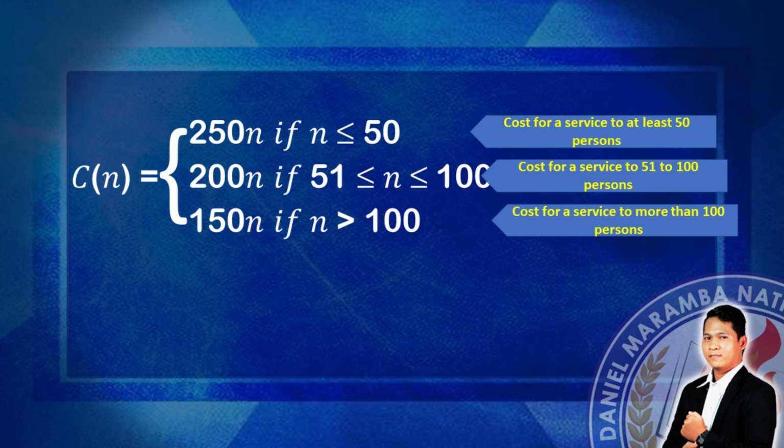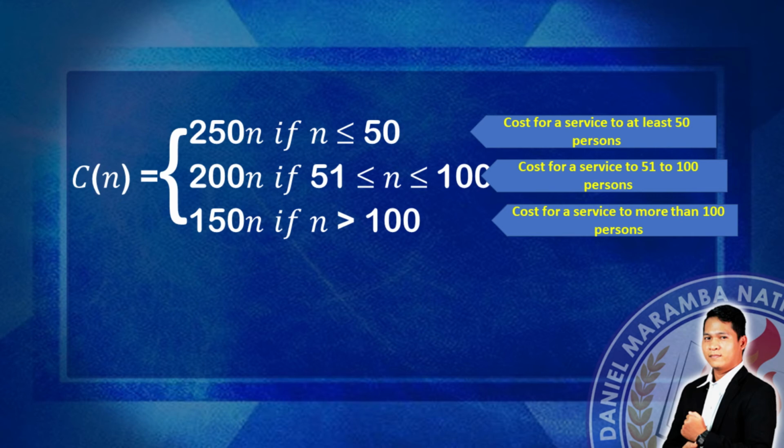Okay, so here is its piecewise. First, 250 times n if n is less than or equal to 50. This is for the cost for a service to at most 50 persons. Second is 200 times n if 51 is less than or equal to n and n is less than or equal to 100.